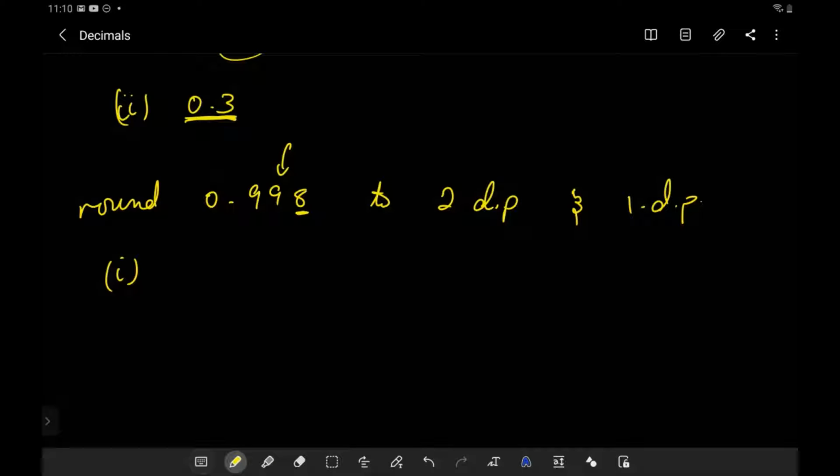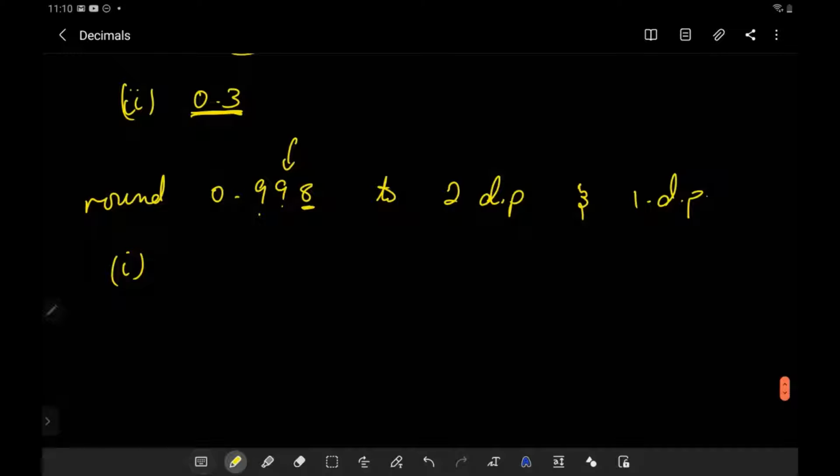Well, what will happen if I add 1 to 9? I will get 10, firstly. So that means I'll have to add 1 to the 9 here, because I can't have a 10 in the hundredths column. So I'd have to put it in the tenths column. And then if I add 1 to that 9, I'll get 10 again. So what I would have to do is put a 1 in the ones column.